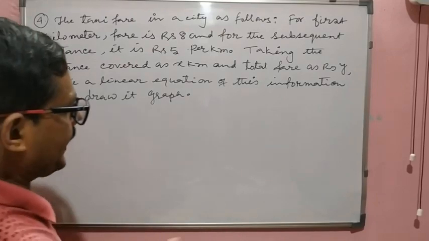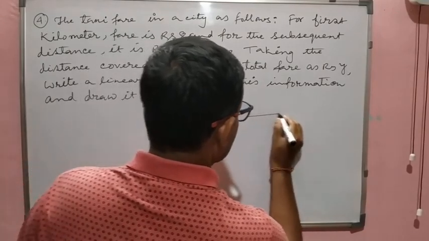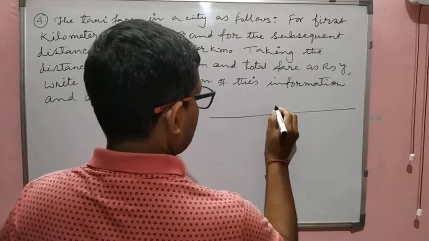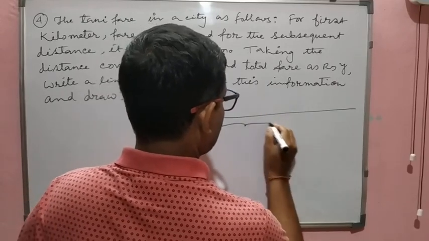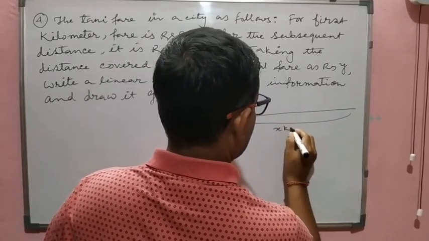So you see in the diagram here, suppose this is x kilometer, from here to here x kilometer.